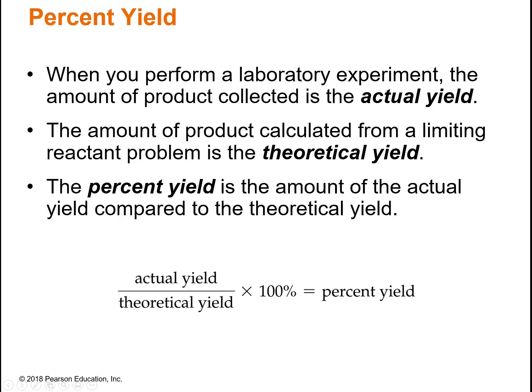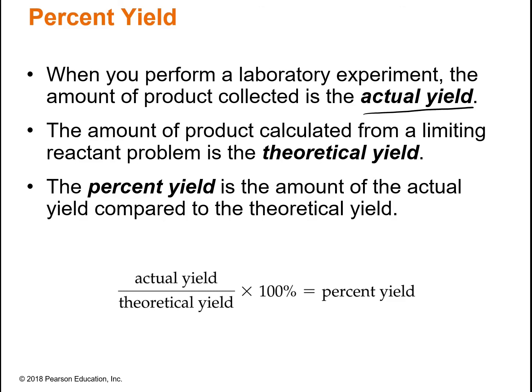The final concept that we're going over for Chapter 9 is percent yield. When you actually do an experiment, the amount of product that you make is called the actual yield. And the actual yield is rarely, if ever, what you calculate. You might lose some of the product, maybe it sticks to the weigh boat.